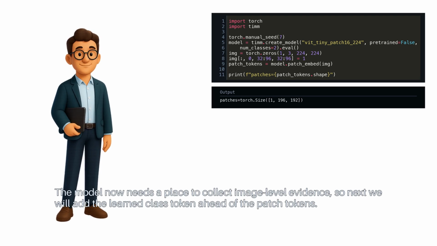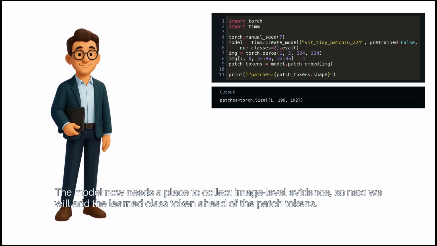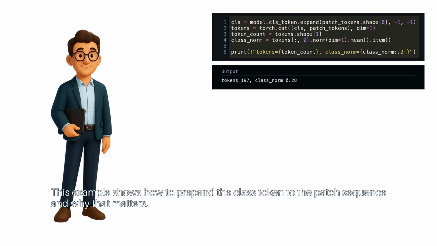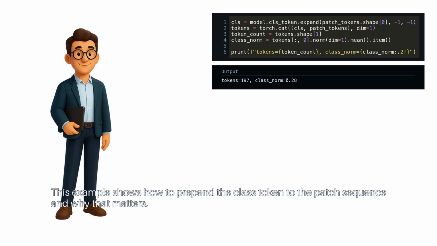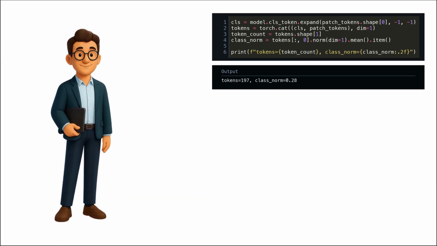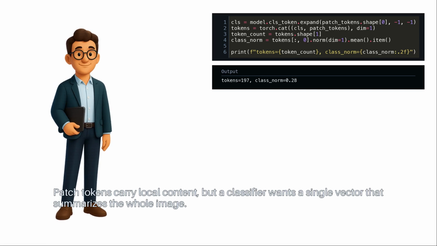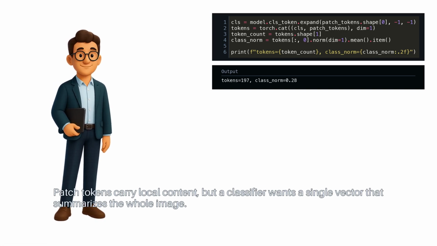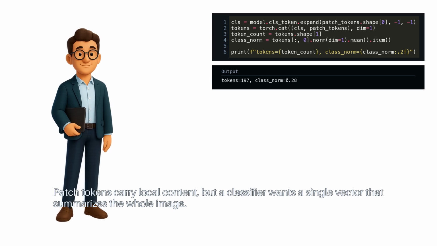The model now needs a place to collect image-level evidence. So next we will add the learned class token ahead of the patch tokens. This example shows how to prepend the class token to the patch sequence and why that matters. Patch tokens carry local content, but a classifier wants a single vector that summarizes the whole image.